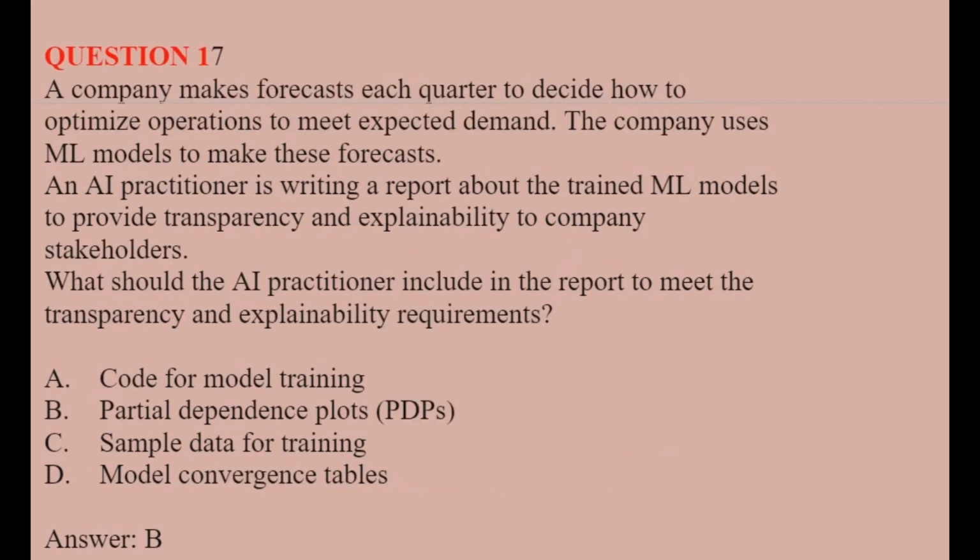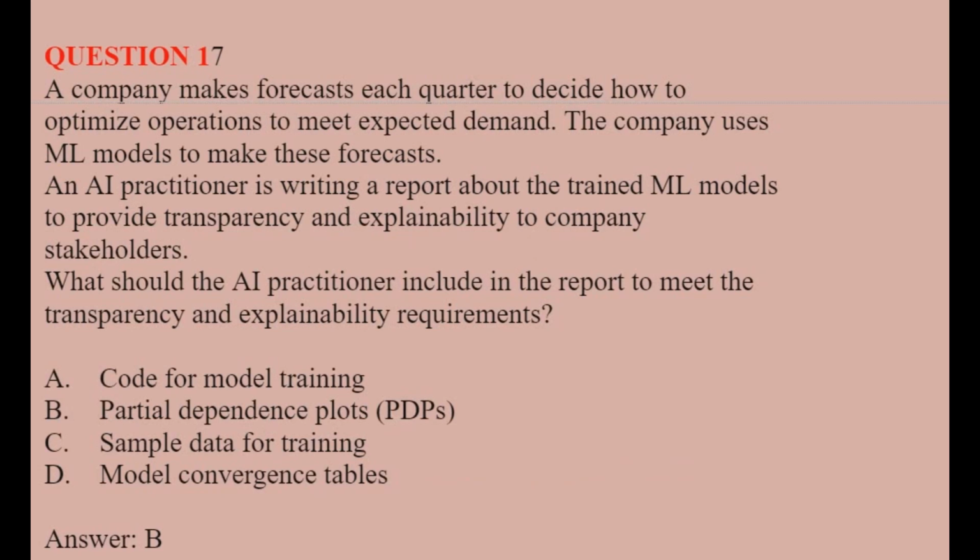Question is, a company makes forecasts each quarter to decide how to optimize operations to meet expected demand. The company uses ML models to make these forecasts. An AI practitioner is writing a report about the trained ML models to provide transparency and explainability to company stakeholders.